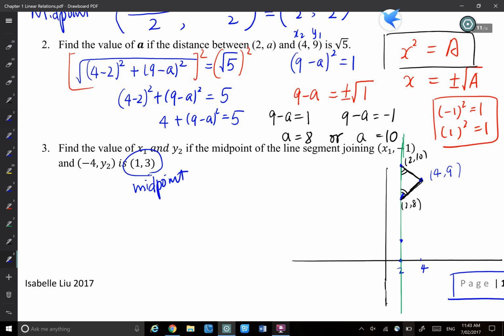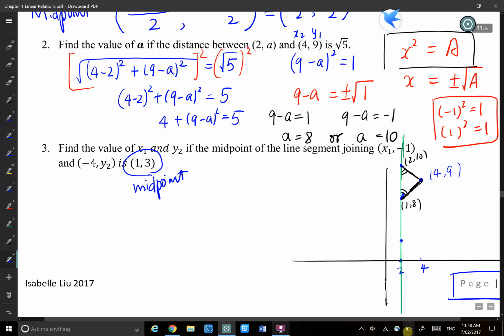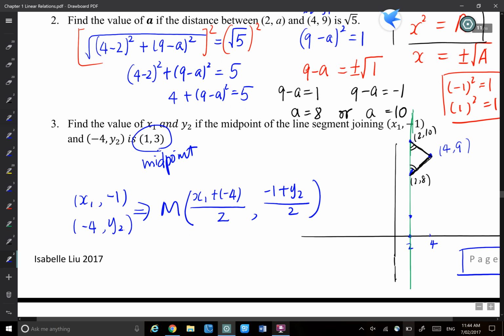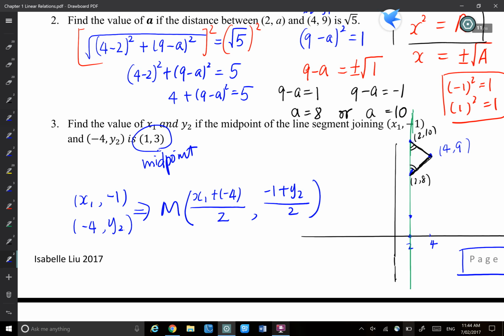So I have 2 points: x1, -1 and -4, y2. The midpoint between them is: you add the x values and divide by 2, comma, you add the y values and divide by 2.